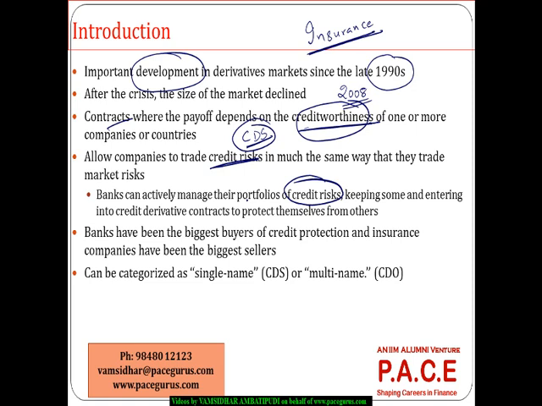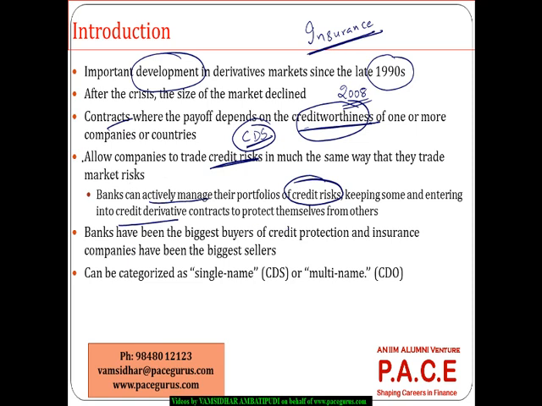They can do active management of that. They can keep some portion of the credit risk, and transfer some other portion by entering into a credit derivative contract. They can protect themselves from too much credit risk being piled up as well.